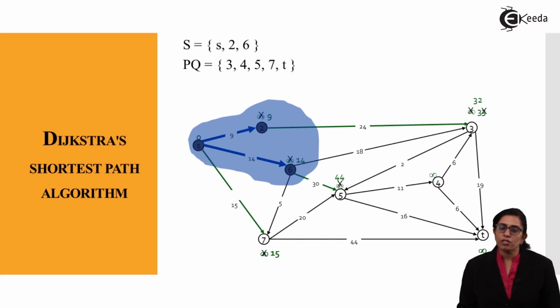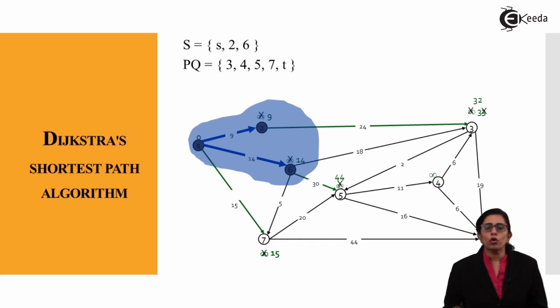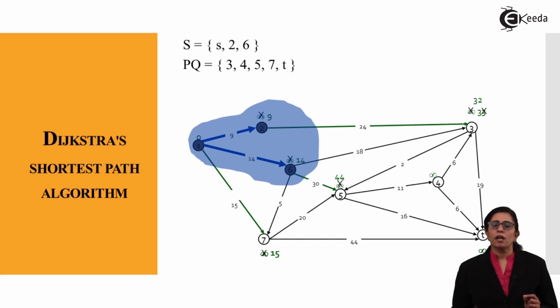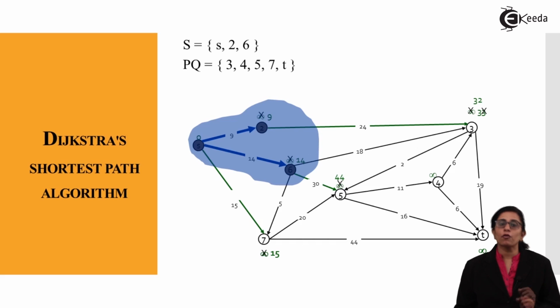As I was traversing from node 2 to node 3, the value was 9 plus 24, which was 33. But if I am traveling from node 6 to node 3, my distance reduces from 33 to 32.